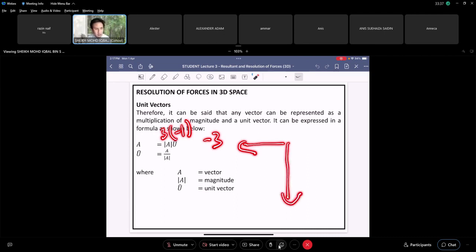Okay? Remember, the positive and negative sign is just to show you the direction. Either it's going to the left, the negative side of the x-axis, or to the bottom, the negative side of the y-axis. All right? So that's the unit vector. The unit vector is just to show direction, and it's 1 because it cannot change the magnitude.